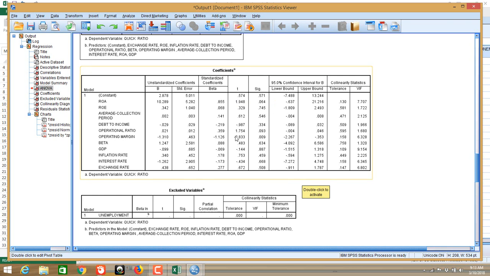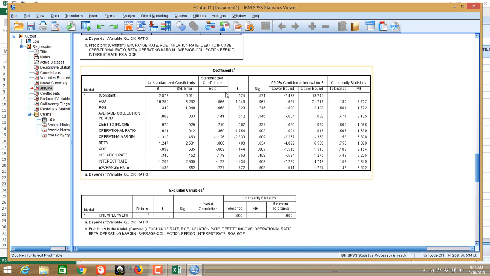The minus or plus sign is not important. Maybe minus but large, plus but large, is significant. So in our case, T for operating margin is very high. You see that? When your T is very big, automatically it's significant. Significant means it's related, it influences. Now we are talking about the table that tells you which item influences your DV.